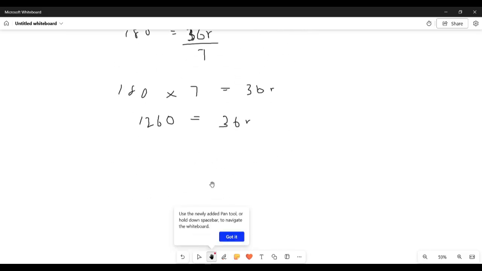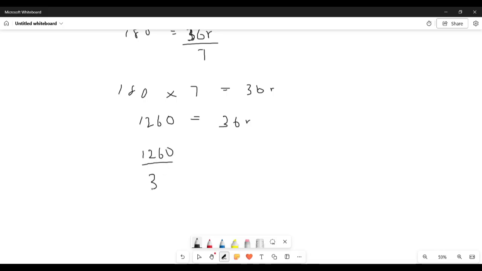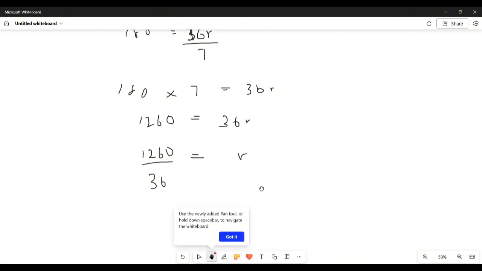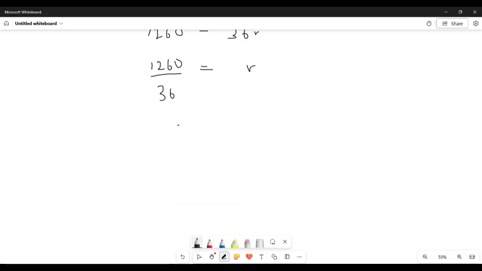So now you can do what? 1260 divided by 36, because now the r remains the same. So now when you divide this by 36, you should get your radius as what? I got my radius as 35.